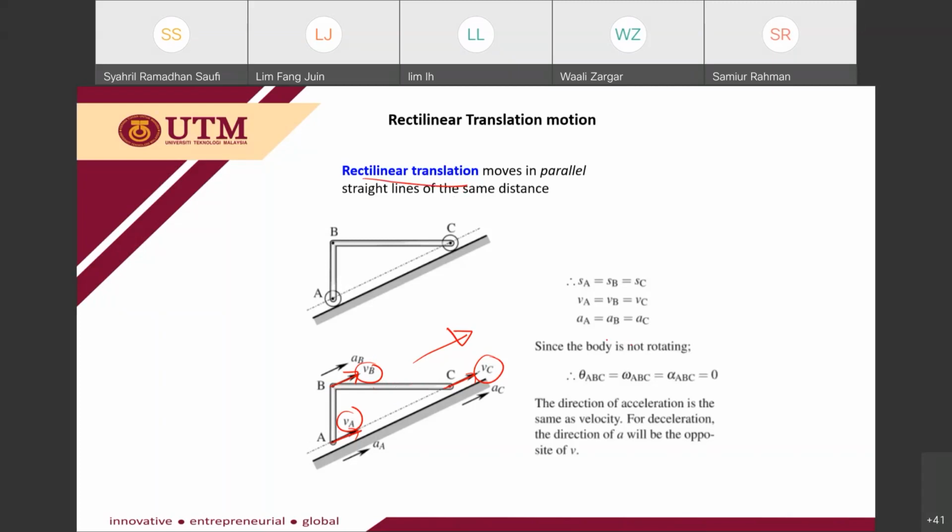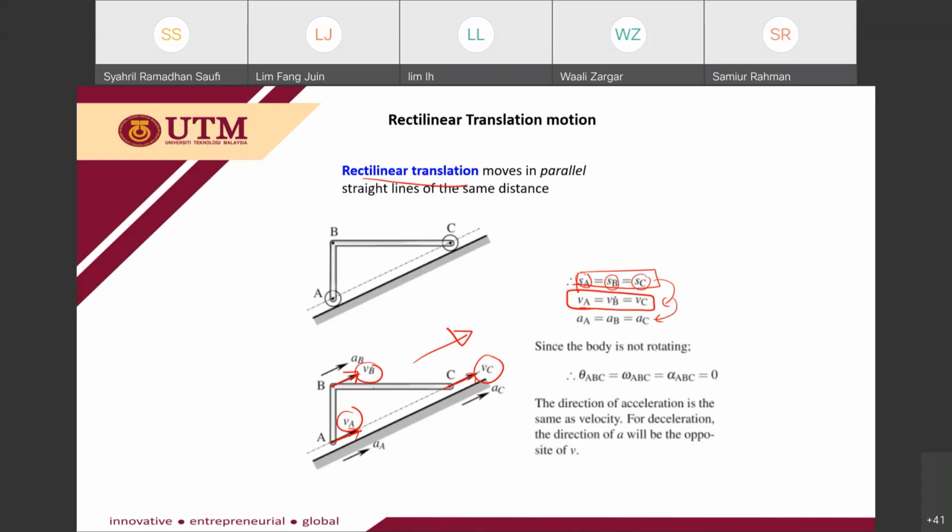Okay, so that's why the velocity of every point on the body will be the same. Same goes for this distance. If you differentiate displacement, then you will get velocity, and if you differentiate velocity, then you get acceleration. Like I mentioned previously, the displacement for each point in the rigid body from position 1 to position 2 will be the same.